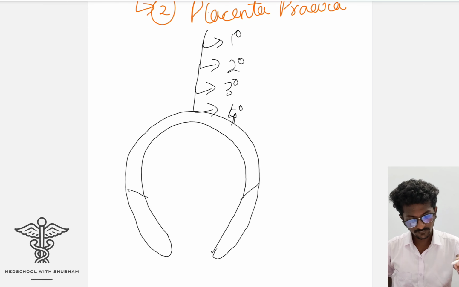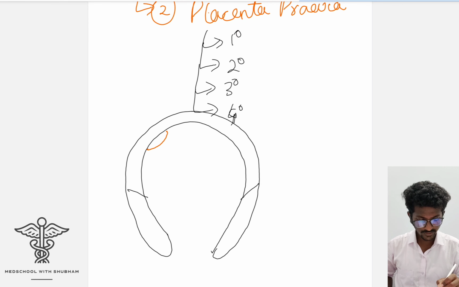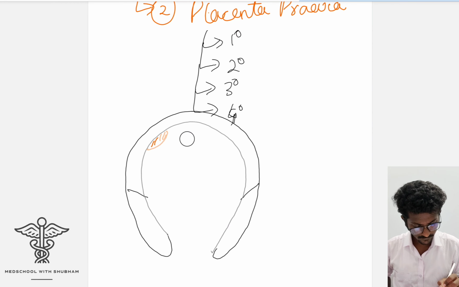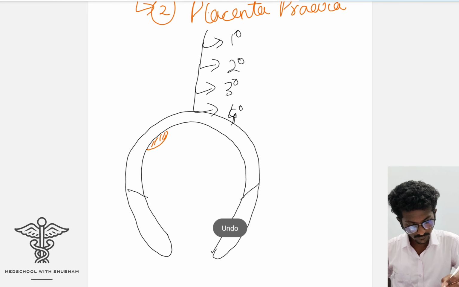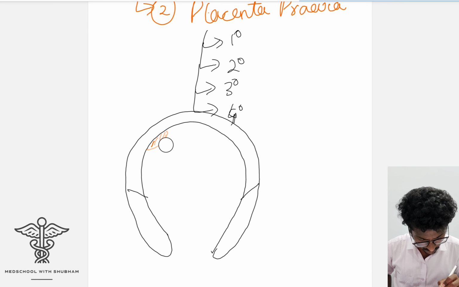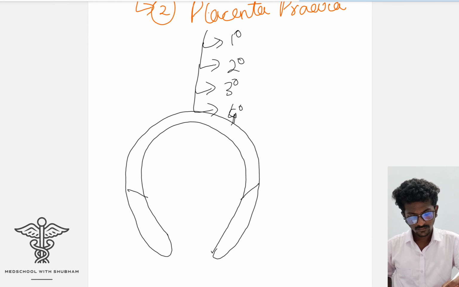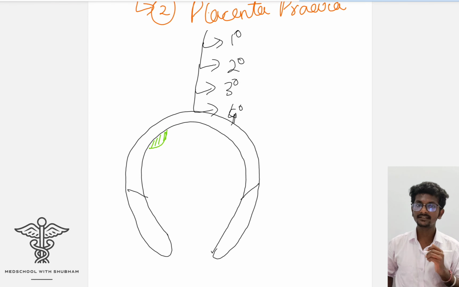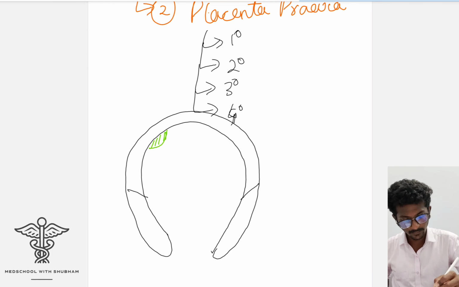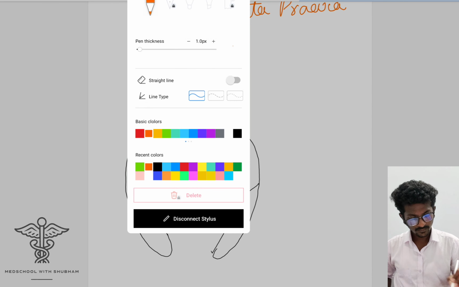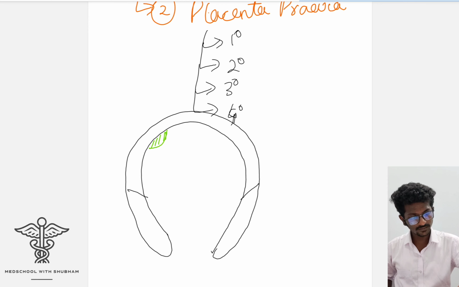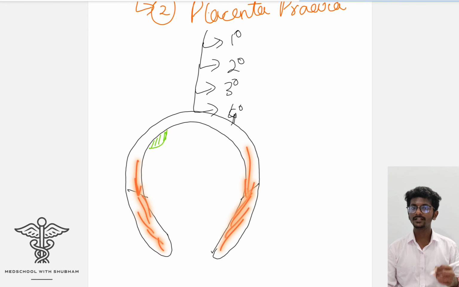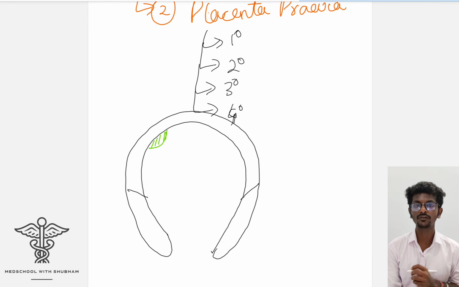Now, if it is formed in the upper uterine segment, that is in the fundus of the uterus, then it is in the normal position. But if the placenta shifts to the lower uterine segment, this is the lower uterine segment. How will it form in the lower uterine segment?